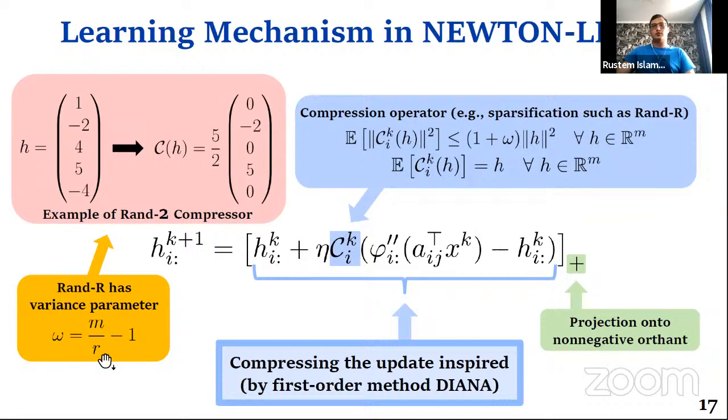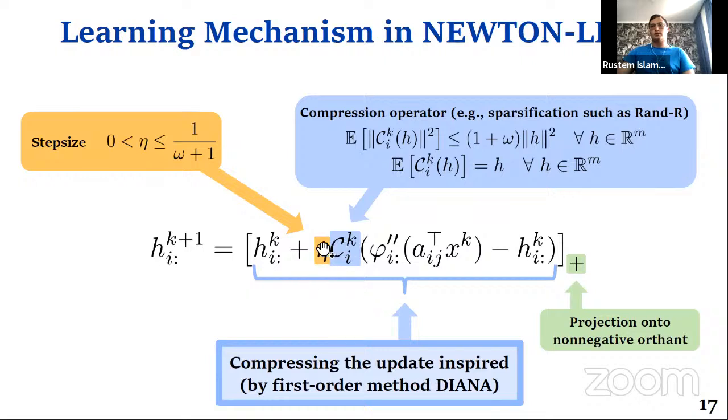For example, if r, our random sparsification parameter, is equal to m, then this variance is just 0, and our compression operator is just the identity. I would like to note that this parameter can be chosen as we want.